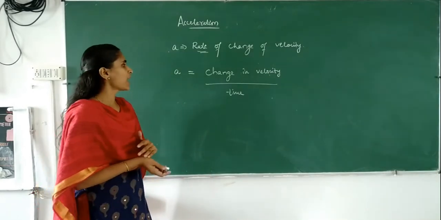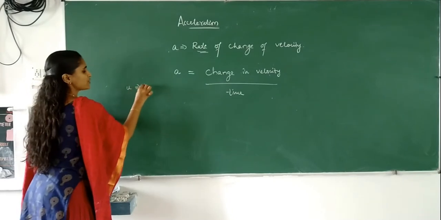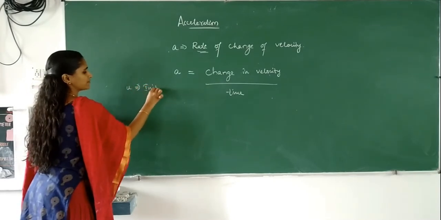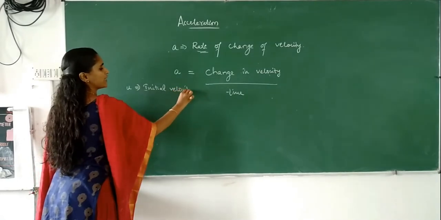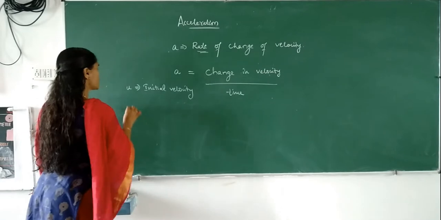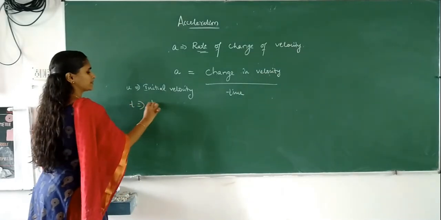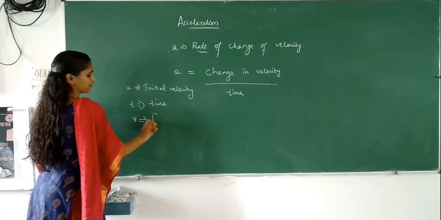Okay. And if we are considering u is the initial velocity. Initial velocity means initially the object is having a velocity u, and after some time t, its velocity changed to v.